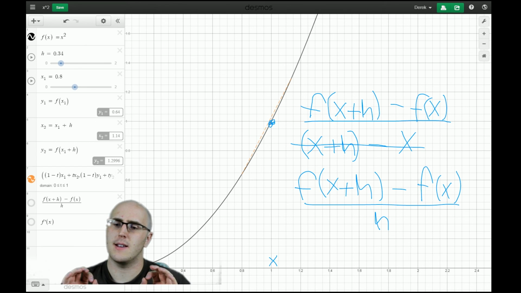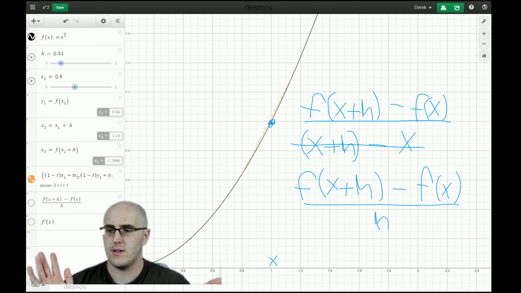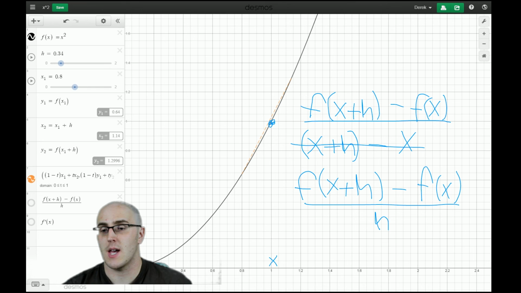We want it to be so small that its difference is non-existent. In fact, we want it to be like continuous. I can't really explain that just yet, but hold on to that concept, because the next thing we're going to talk about are limits, which is how we're going to approach the idea of bringing h to 0, but not quite there. That's in the next video, so I'll see you there.